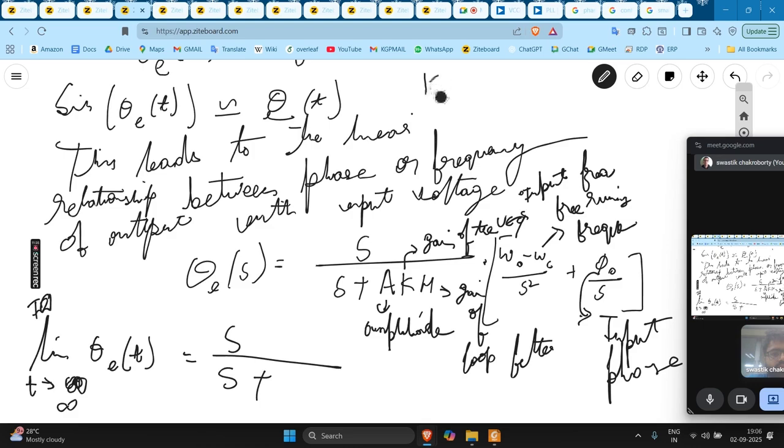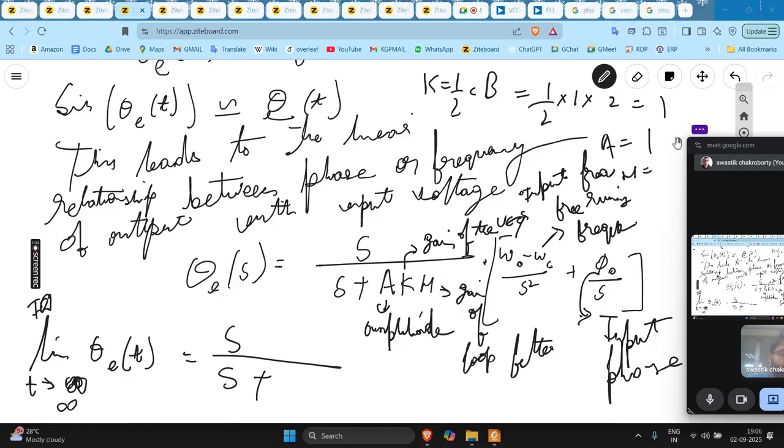So K is half C, where C is the VCO constant, which is 1, and B is the amplitude of output, which is 2. So K is also 1. So K is 1, A is 1, and H is the gain of the filter, which is also given to be 1. So it is just 1 into 1 into 1.